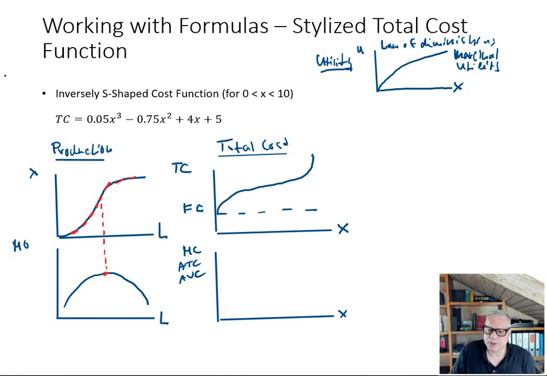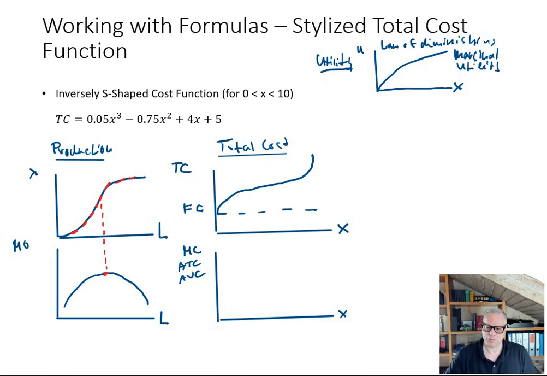So what's the explanation for that? The explanation is that if you produce more and more output, you need more and more workers. But the workers initially, they can specialize. So think again about your kitchen. One specializes in doing this, the other one doing something else, and output increases. But in the real world, you have to pay every worker the same wage rate.